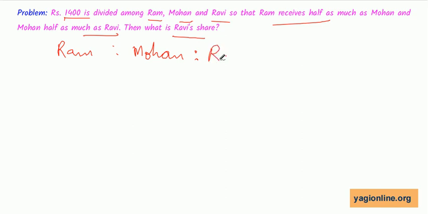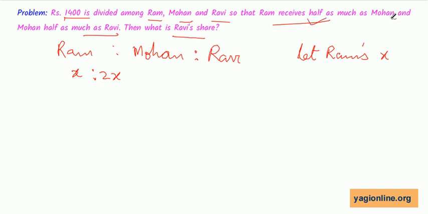Now what share they are getting has been given to us. So let Ram's share be x. If Ram's share is x, Ram receives half as much as Mohan. That means Mohan's share is 2x, and then Ram automatically becomes half of it. So we have fulfilled this condition.